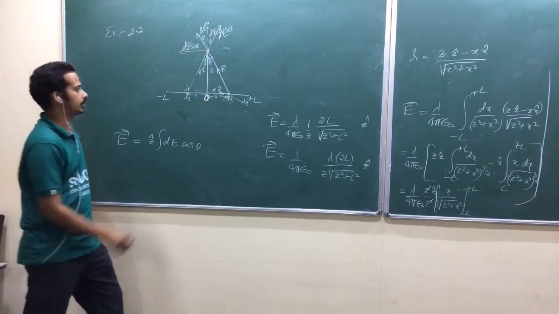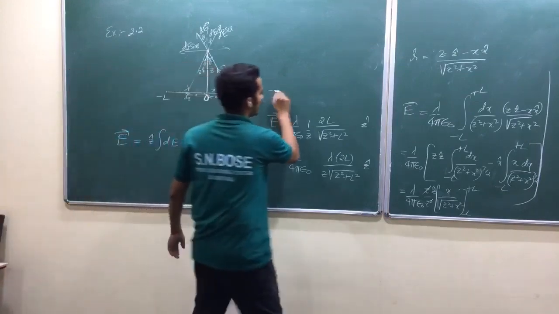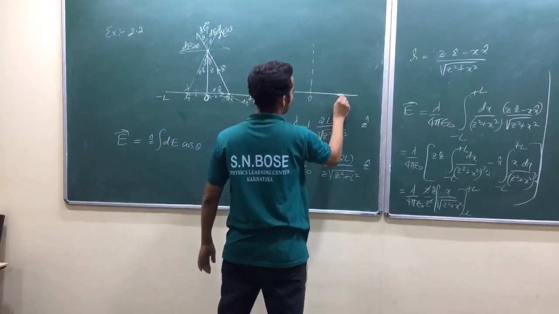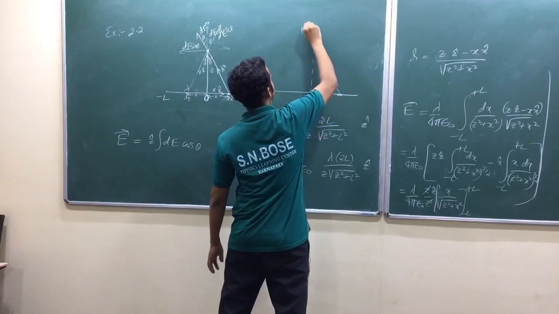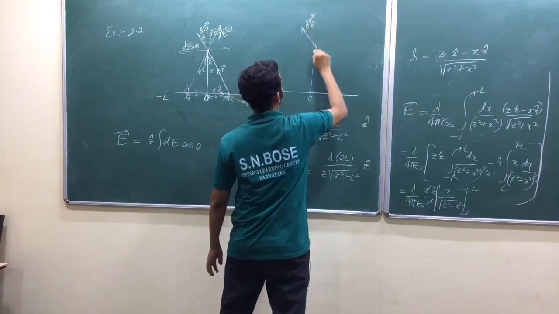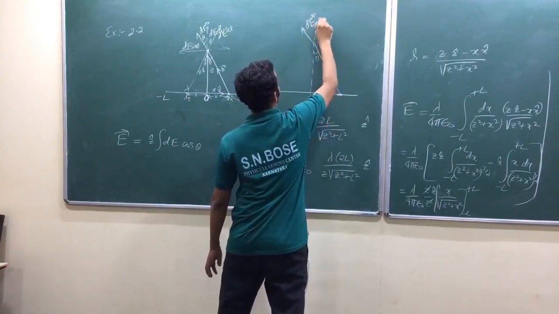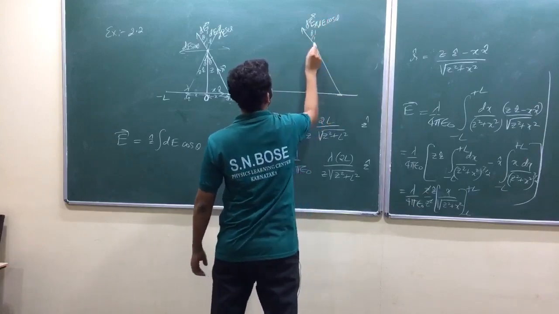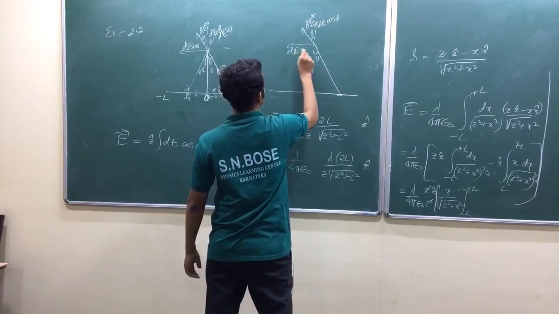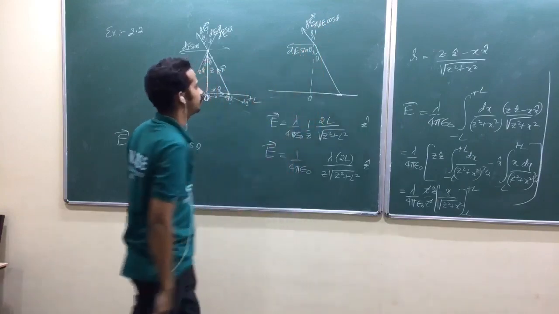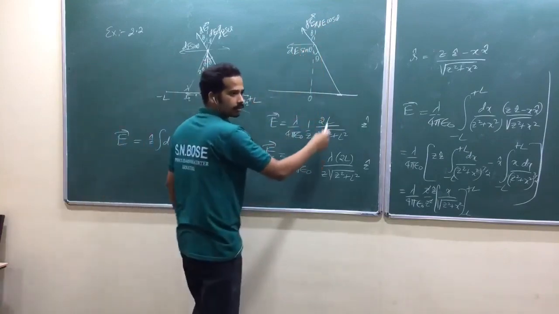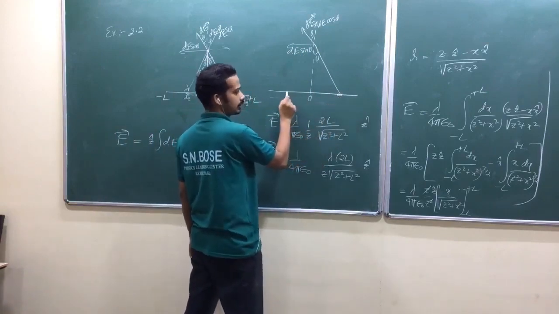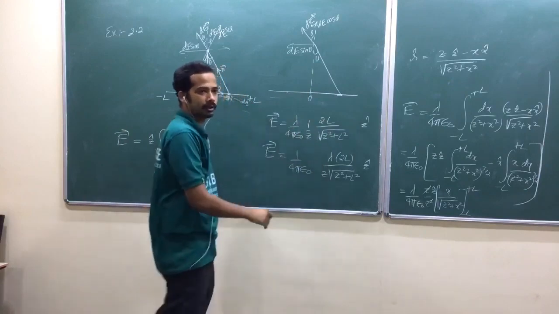Or what would you do? The other way: take only one element. So this is dE, at angle theta. This is dE cos theta and dE sin theta. And you should know how those sin theta components are vanishing. It is not because of elements here, but because for every element here, there exists another element which will cancel out the horizontal component.